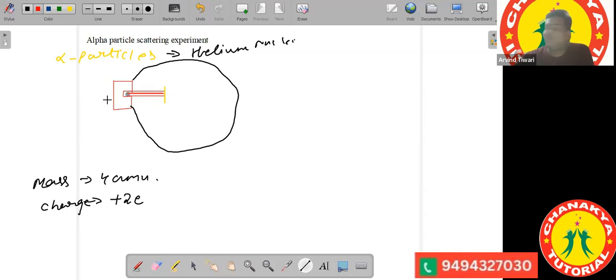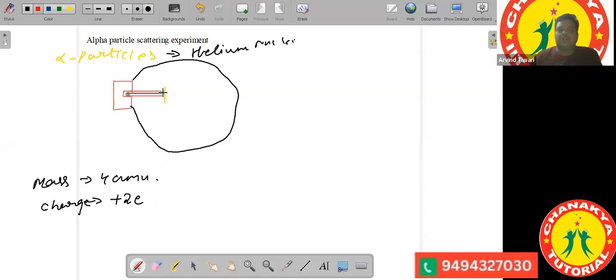Since the alpha particles are positively charged, and the atom is also a sphere of positive charges, it should not be able to penetrate the atom. Also we know that the mass of the gold is too large, hence it should not be able to penetrate the gold atom. Okay, so it was expected that they would return, but something else was observed.